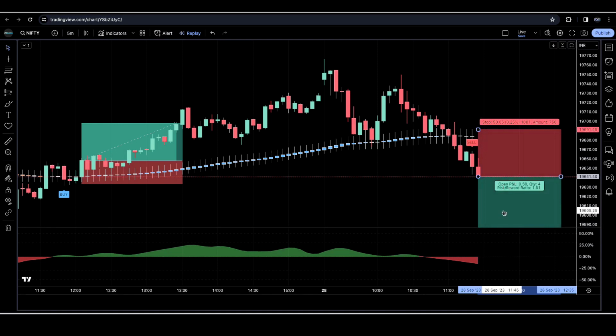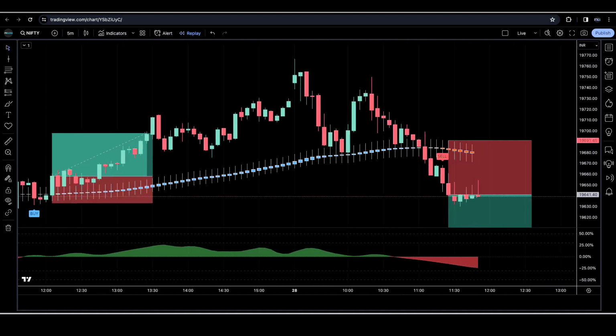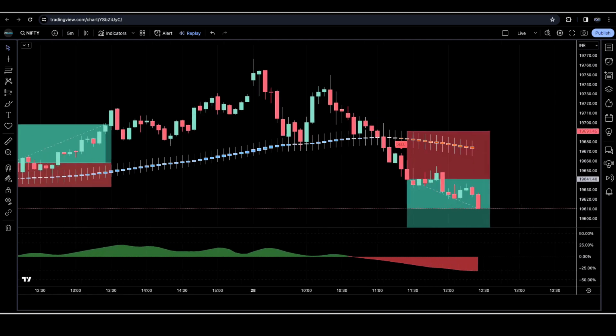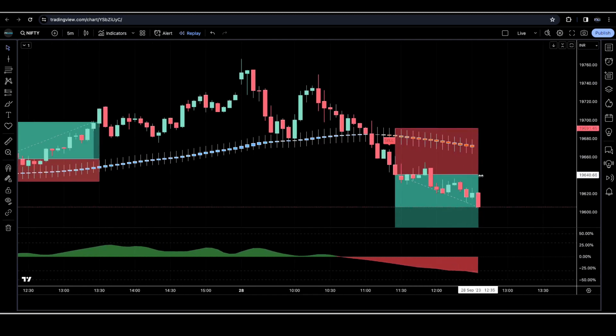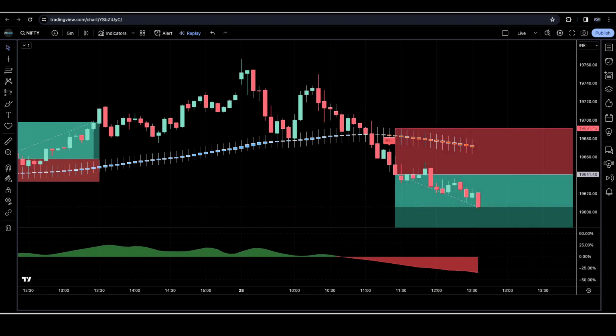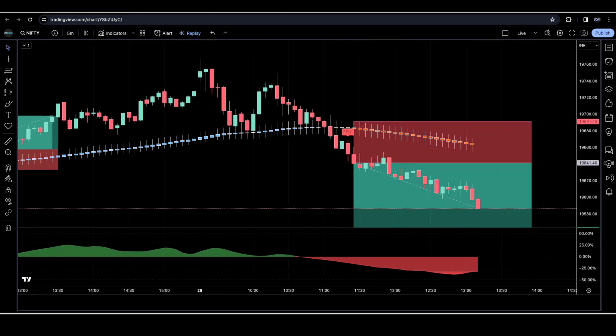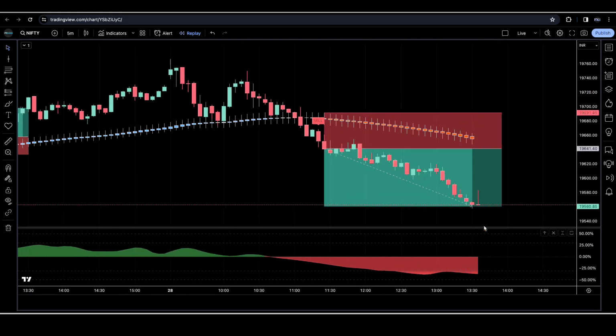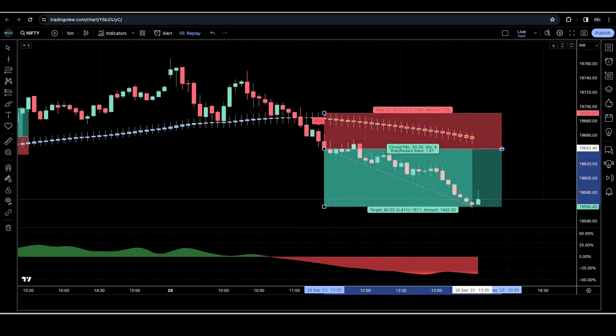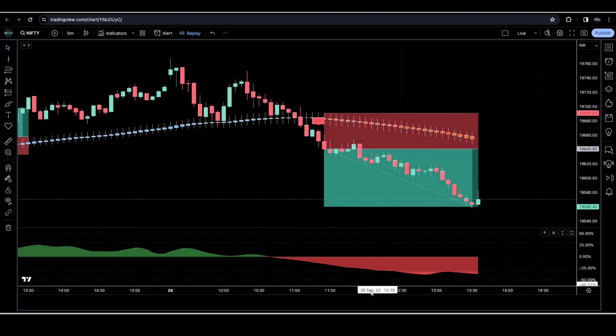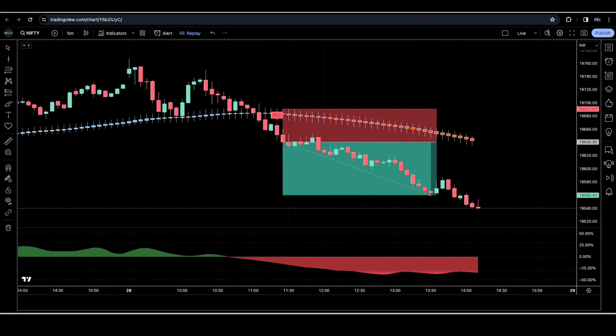And the risk to reward ratio will be 1 to 1.5. The market has completely hit the target. Now we will find other trades.